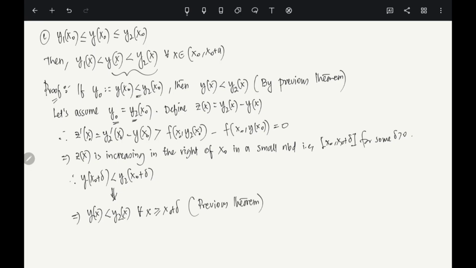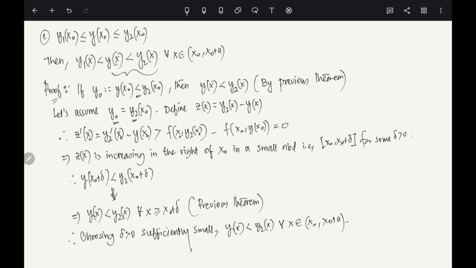Right? Okay. So you see what is happening is this. Therefore, choosing delta greater than 0 sufficiently small, one has y of x is strictly y2 of x, for all x between x naught and x naught plus delta.